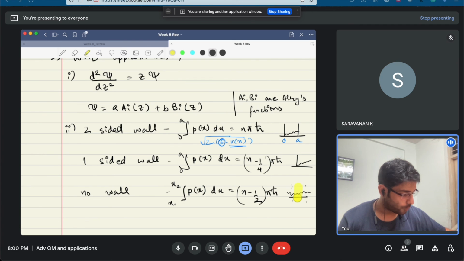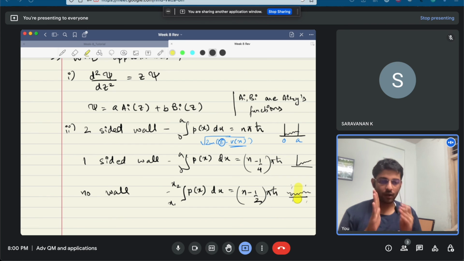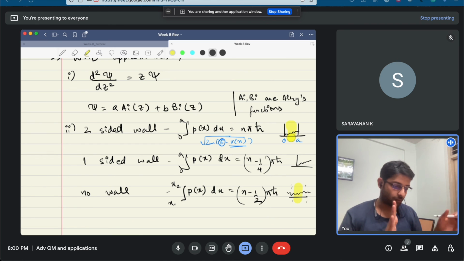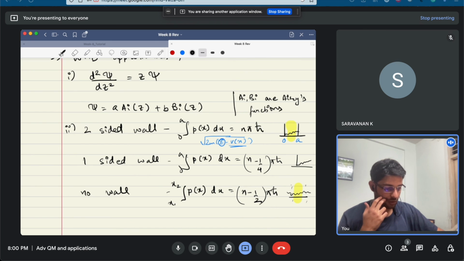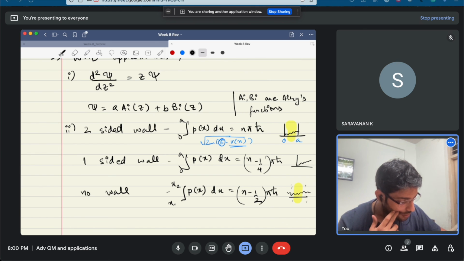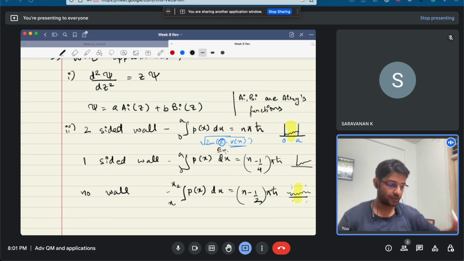It is valid only in the middle part. It does not really work where there are walls, so you have to stay a bit far away from the wall, and you can find out your E of n, the nth energy levels, based on these three sets of formulas.